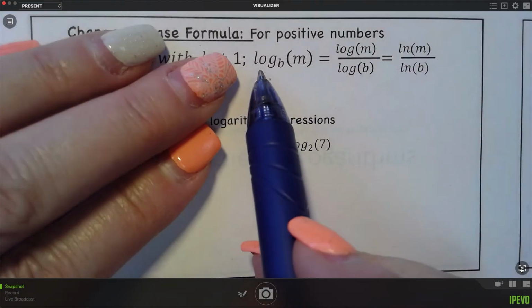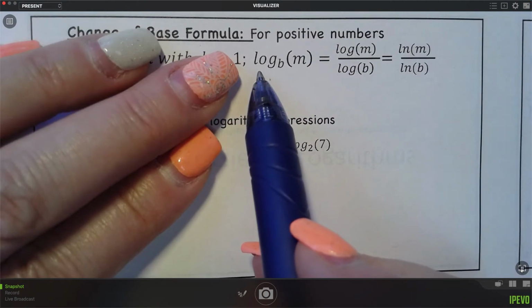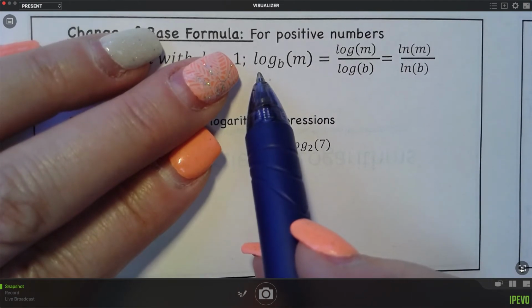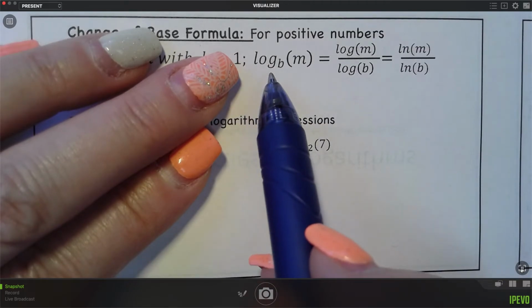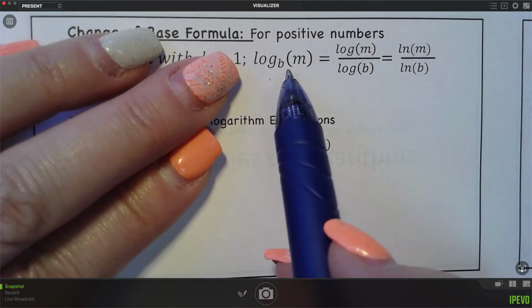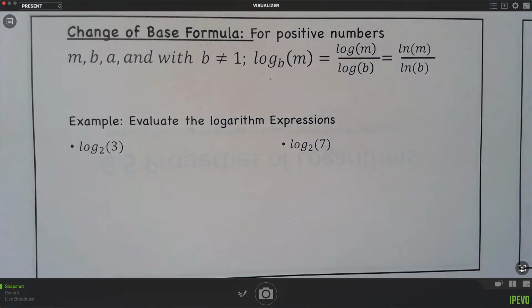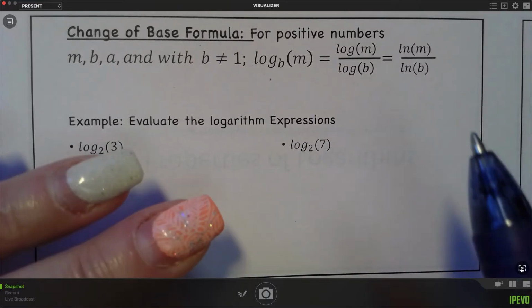Okay, so if I have log base B of M, we can't put that in the calculator unless it's what two bases? 10 or E. But we need to be able to do math with these things, right? Especially for tomorrow.